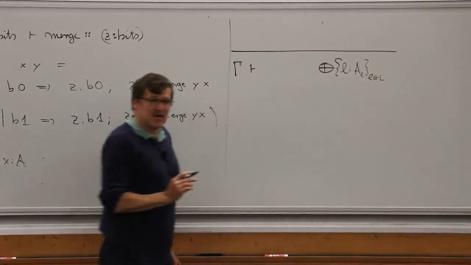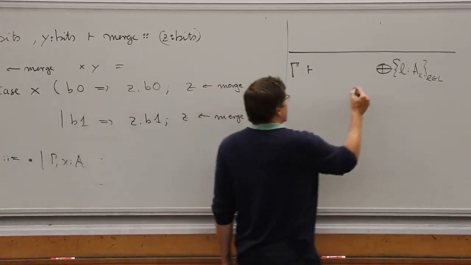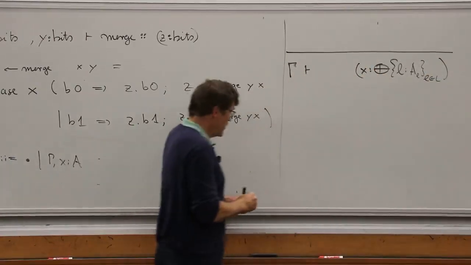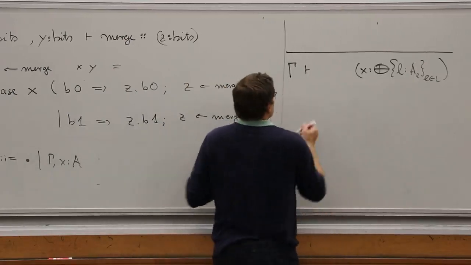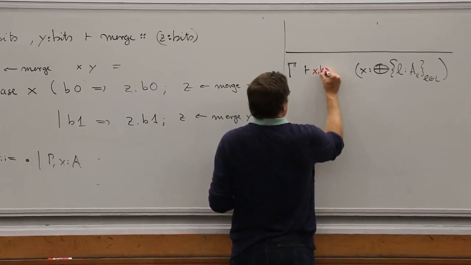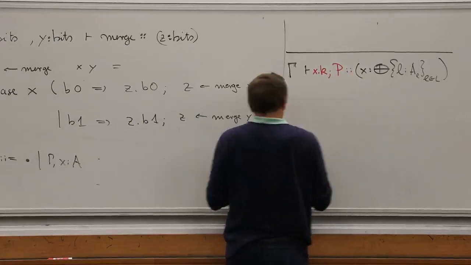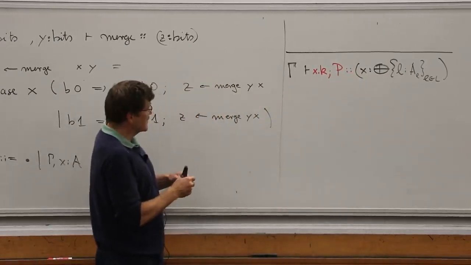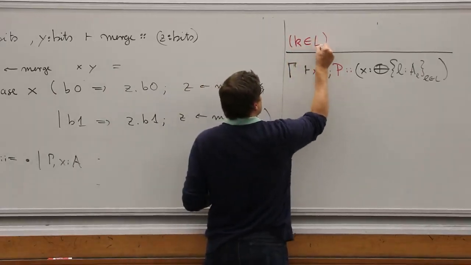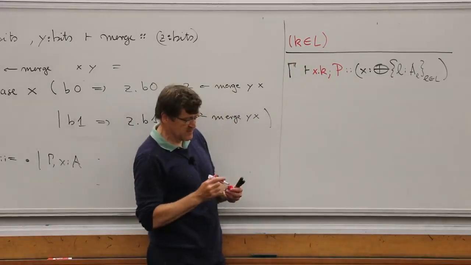So if it's on the right, what's the operation? Well, we send along this channel one of the labels. So we say along X, send the label K, and continue as P. And what has to be satisfied for that is that K is in L. It has to be a valid label that we can send because it's one of the alternatives.